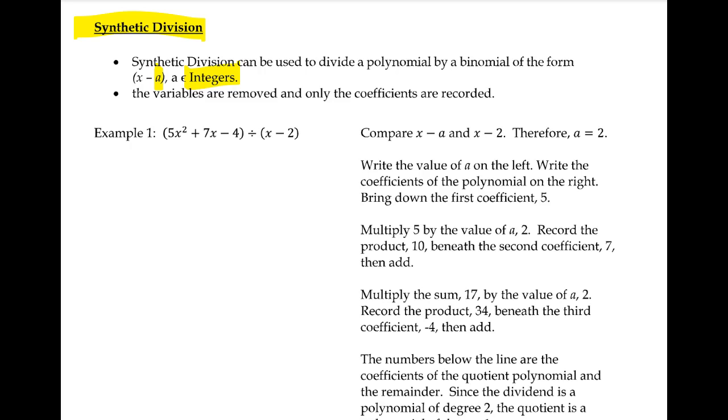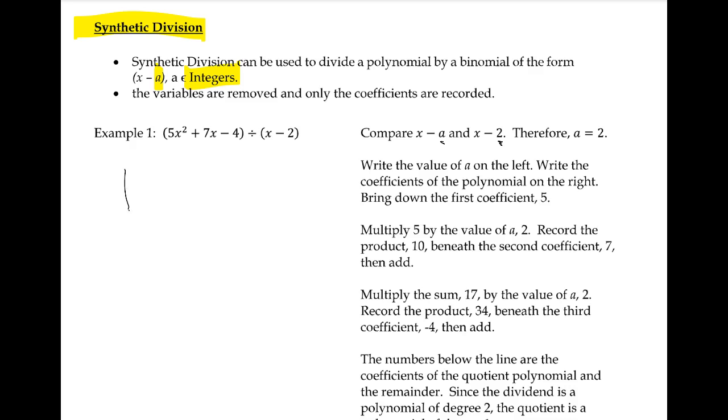This works out nicely because it helps us be quicker and just look at the values of things. And the actual exponent numbers are implied. So instead of writing x minus 2 in this question, we identify that the a value is positive 2 based on our general formula because it's already subtracting. So a becomes 2. And from there, we're going to look at how it goes into the coefficients.